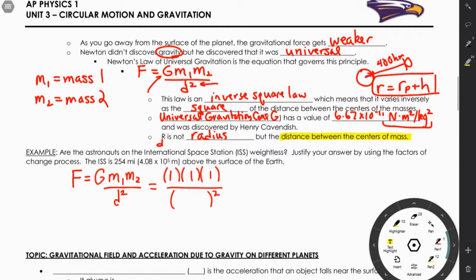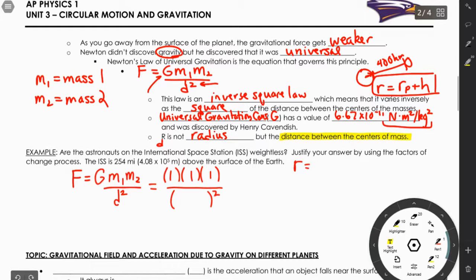And so one thing to note is that the International Space Station is 255 miles above the surface of the Earth, which is about 4.08 times 10 to the 5th meters. Okay, so what we need to figure out is that orbital distance, like what I showed you up here.